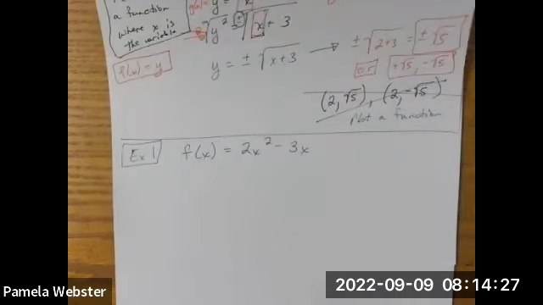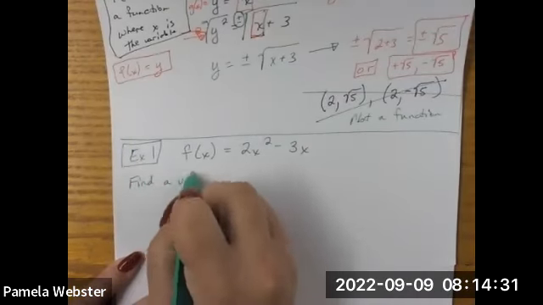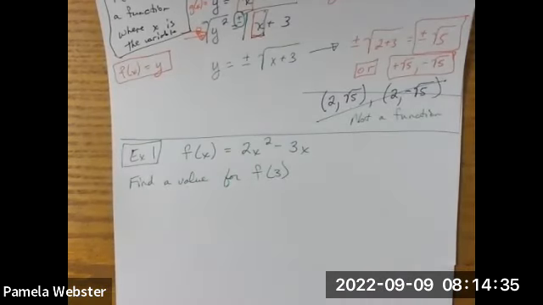And they say, find a value for f of 3. Okay, so again, a couple of things. When they say a value, that means I'm going to get a number out normally, right? It could have some x's and stuff like that, but I'm not looking for any kind of weird coordinate system, coordinated points, anything like that.